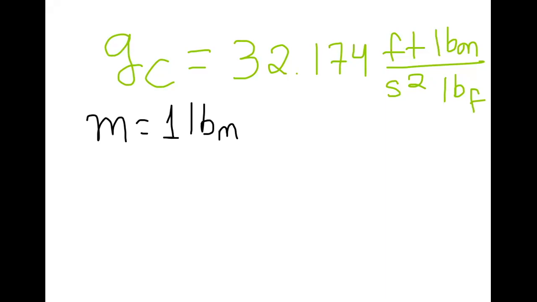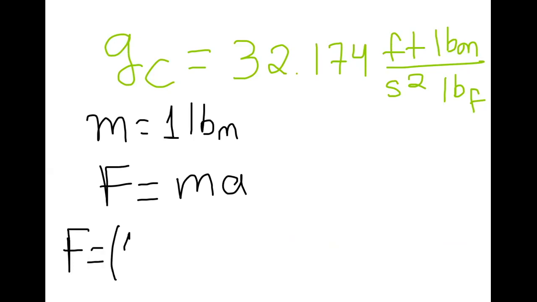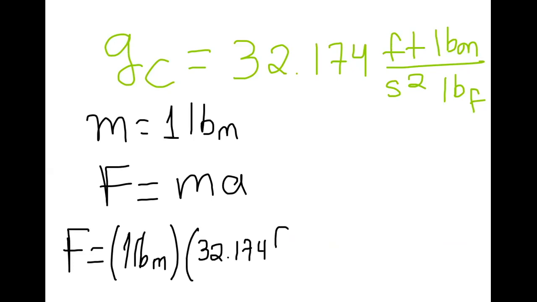What I usually do is we use Newton's second law, force equals mass times acceleration, in such way that the force is going to be equal to the mass, 1 pound mass, times the acceleration. The acceleration is 32.174 foot per second square, which is the gravity.